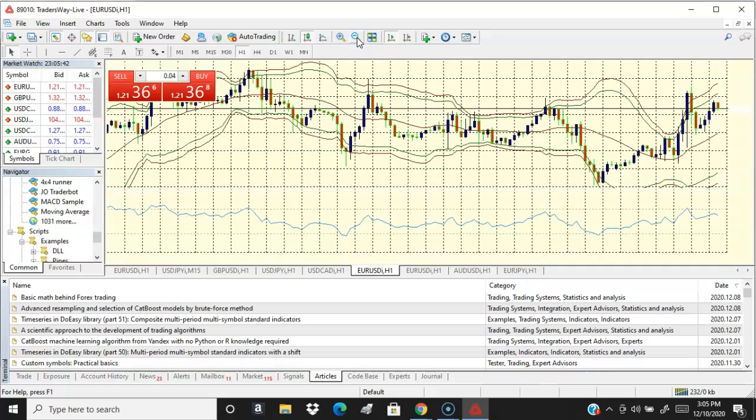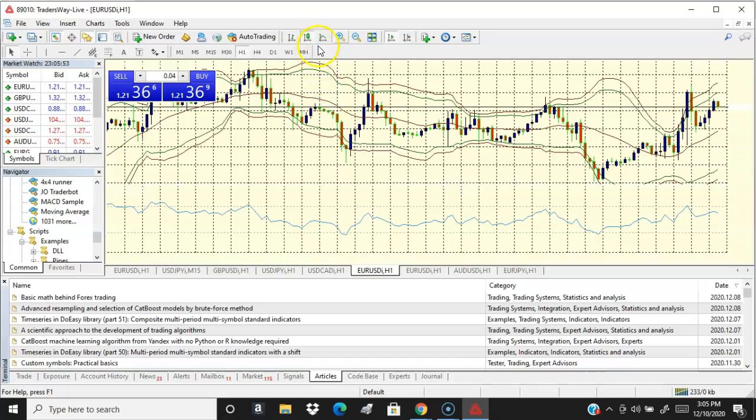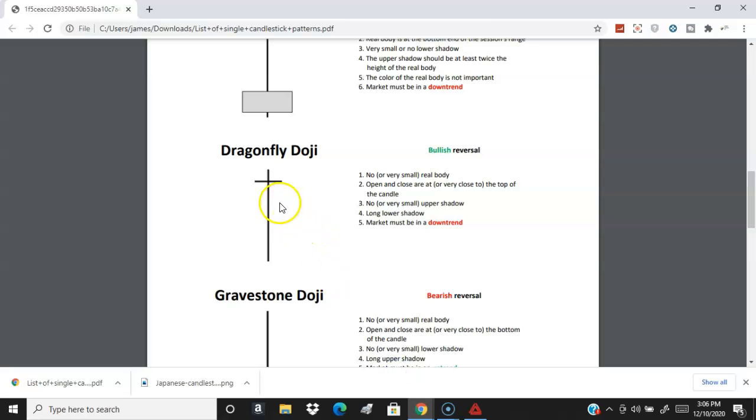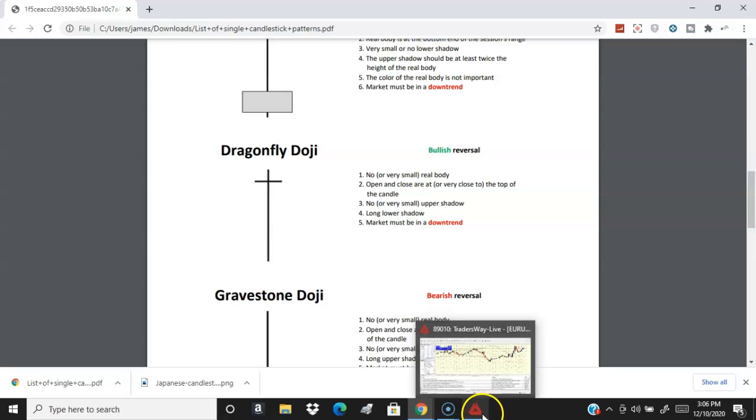Let's see if I can find one. No long bodies. Oh, there's one right there. Let me see if I can zoom in. There you go. Oh, that's not a long enough body. But you kind of get what's going on here. Actually, that's not a dragonfly though. But if, for example, that was a dragonfly doji, you would be able to reverse the market.